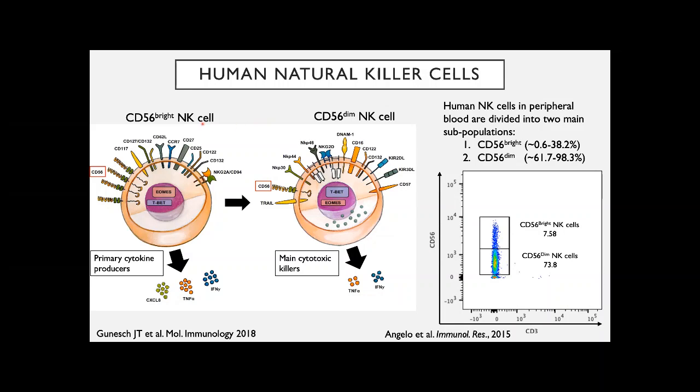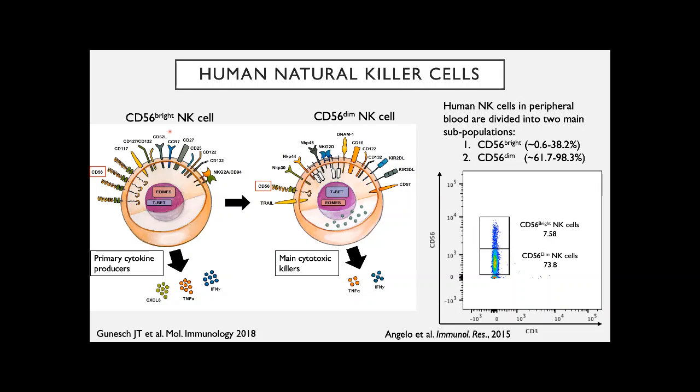So when we first look at the CD56 bright subset, which is of course the minority, we can see that it is marked, as the name implies, by the increased density of CD56 itself. These cells also express markers that are associated with immaturity and with tissue residency. So this includes CD117, which is c-KIT. They express the high affinity IL-2 receptor, which is shown here.